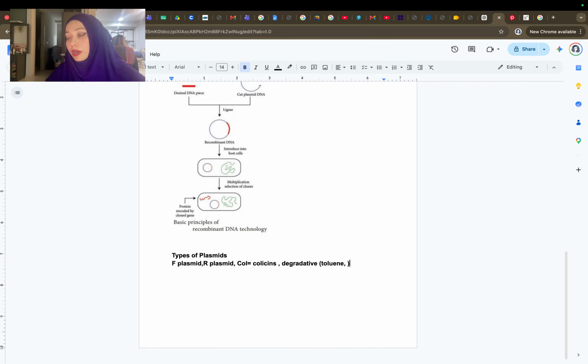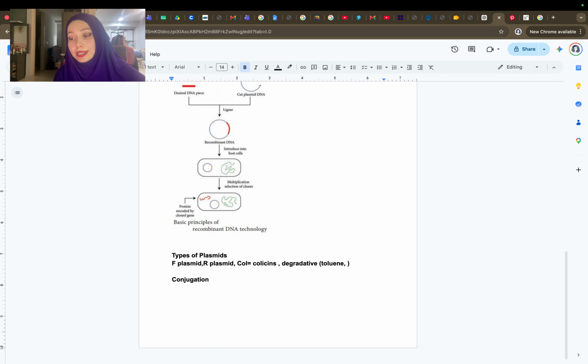How does one bacterium give DNA to another? So conjugation, I want to introduce you to the concept. Conjugation is basically plasmid transfer from one bacterium to another. So let's say the donor cell has a plasmid. We do it by using a pilus.